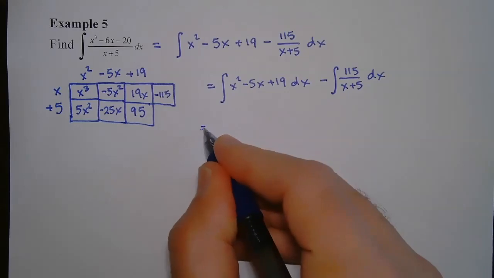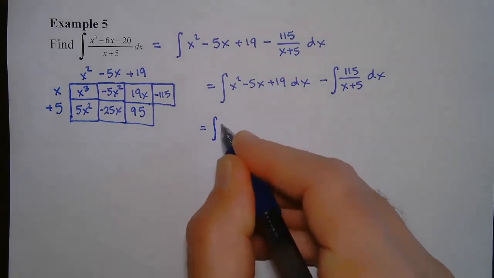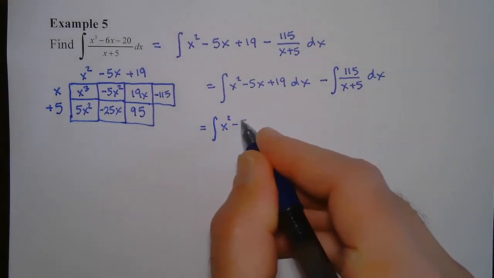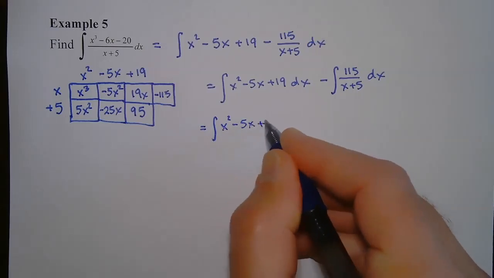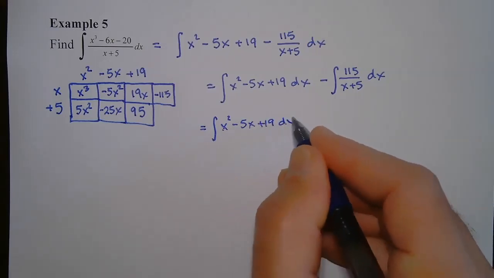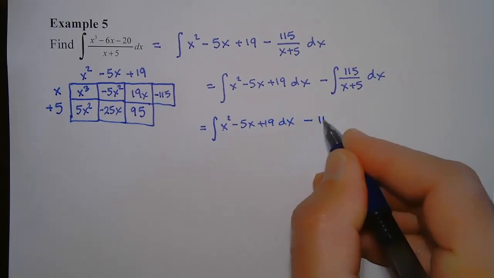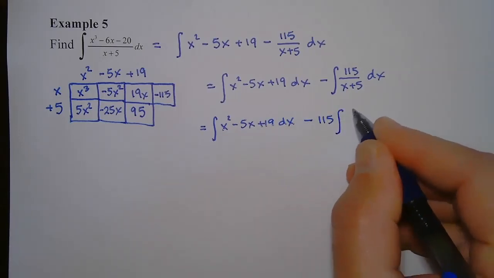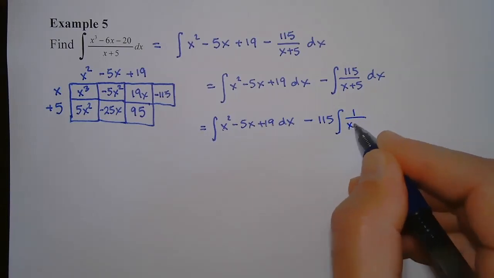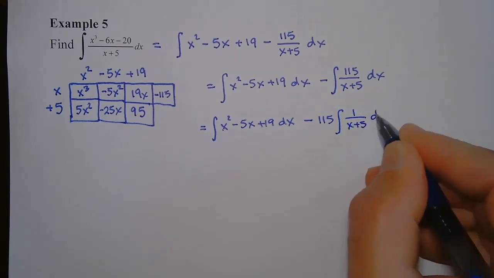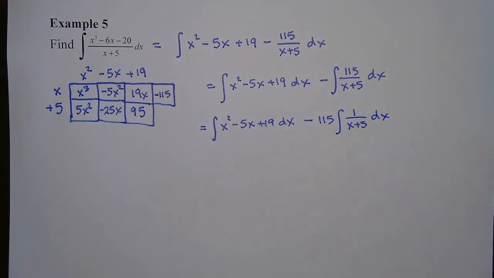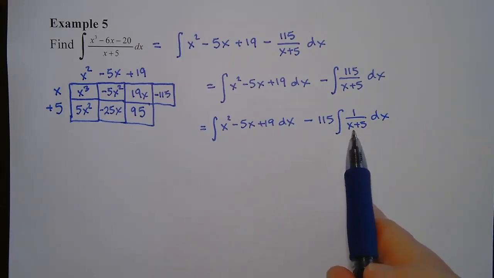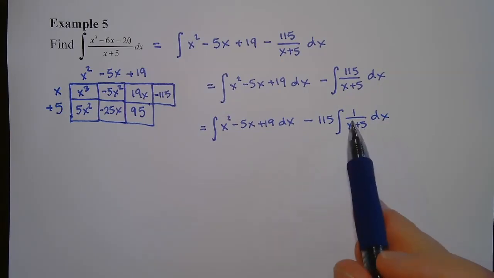So this is equal to the integral of x squared minus 5x plus 19 dx minus 115 times the integral of 1 over x plus 5 dx. Now, what happens if I take the derivative of this denominator? Well, the derivative of x plus 5 would be 1, right? And we get 1 dx.